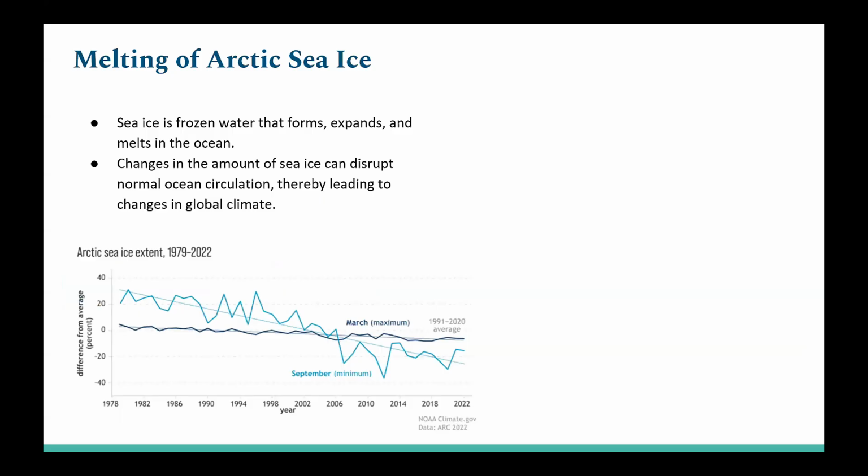What we first see is that Arctic sea ice melts and freezes depending on whether it's summer or winter. During the summer there is melting, then during the winter it freezes, and it goes in a cycle.